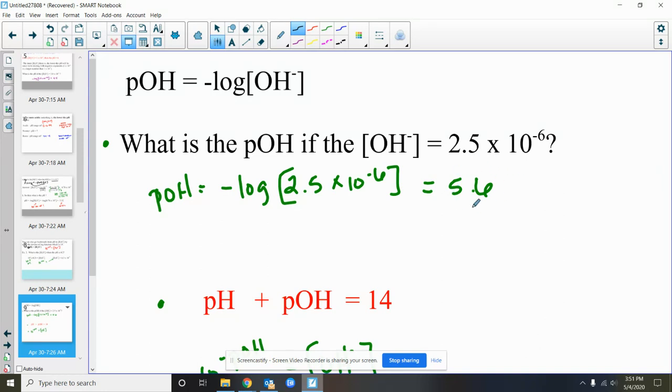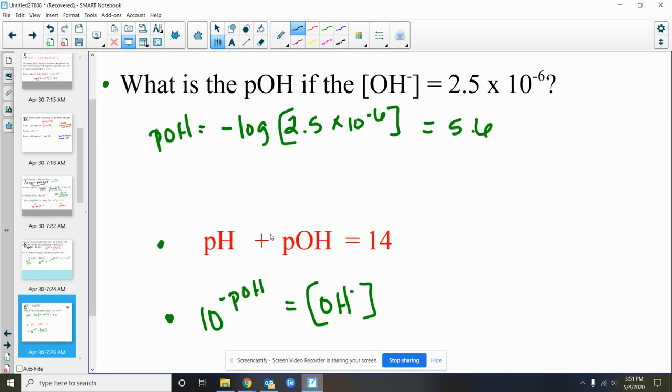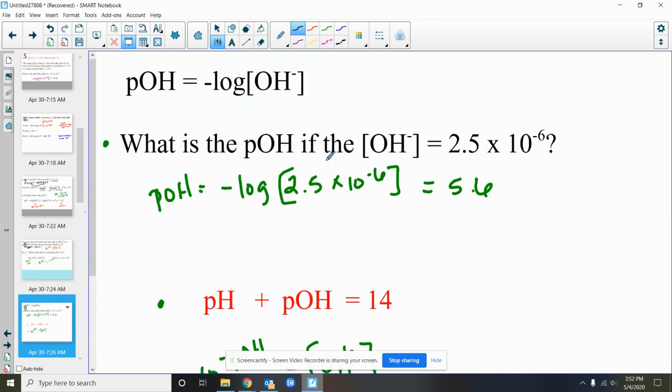Here's my pOH, okay? pOH and pH are not the same thing, okay? So pH plus pOH give me 14. So if I know what my pOH is, I can subtract that from 14 to find my pH. So those are connected, but like I said, we don't see a ton of pOH, okay? So this P, again, just negative log.